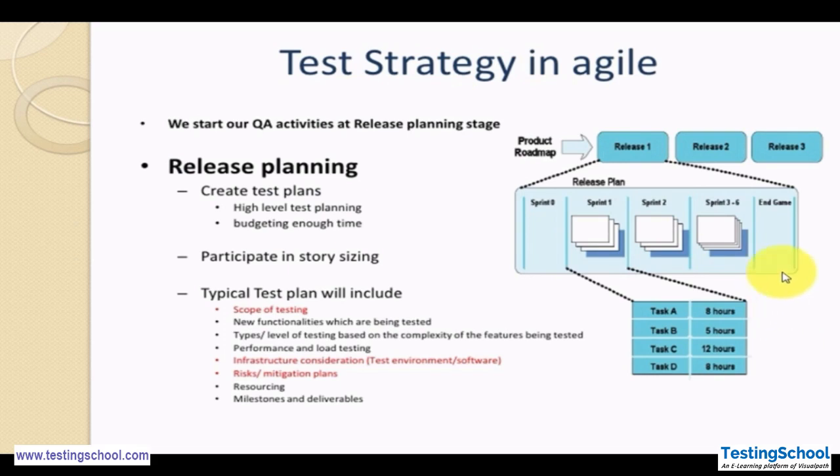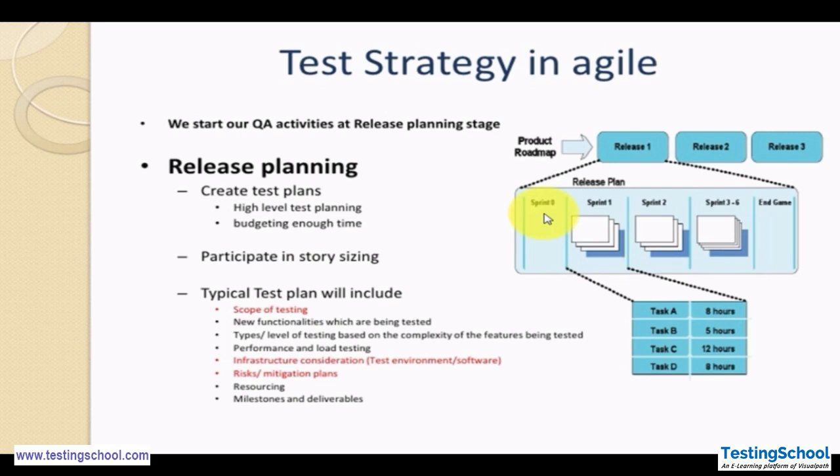So test strategies start from the beginning itself, from release 1, and go on to release 2, release 3 and so on. But before starting release 1, we have the release plan in which we have sprint 0, where we document and start our activities like requirement gathering or infrastructure preparation.